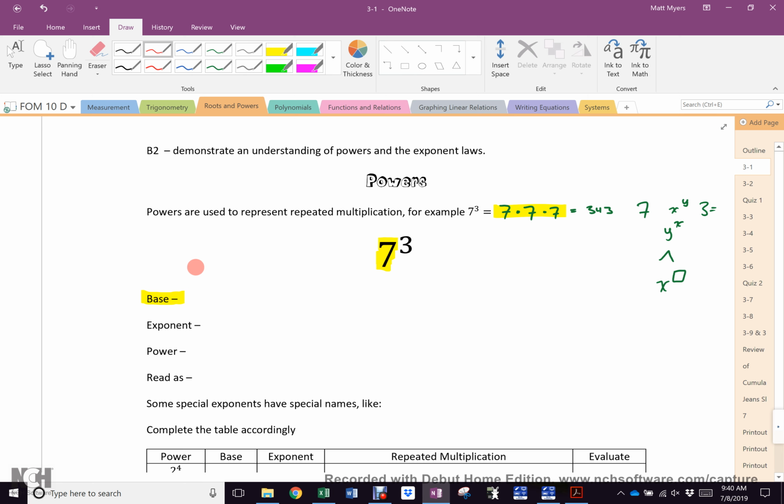The base is the expression which is multiplied. Now, what do I mean by that? That's what's going to go right in this space right here. You already know that 7 cubed equals 7 times 7 times 7, right?